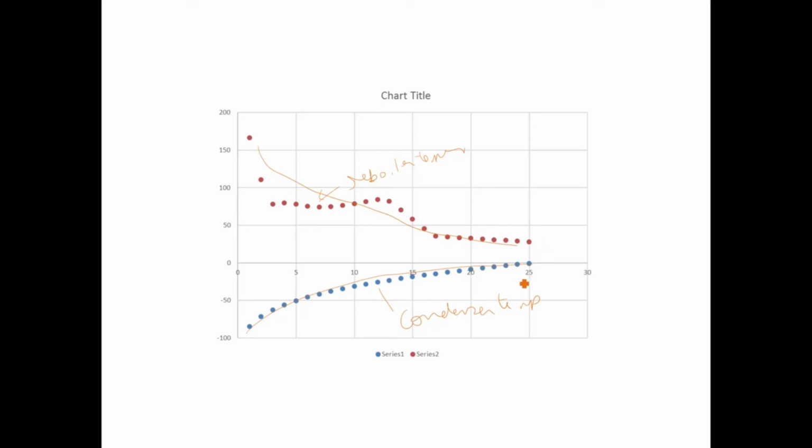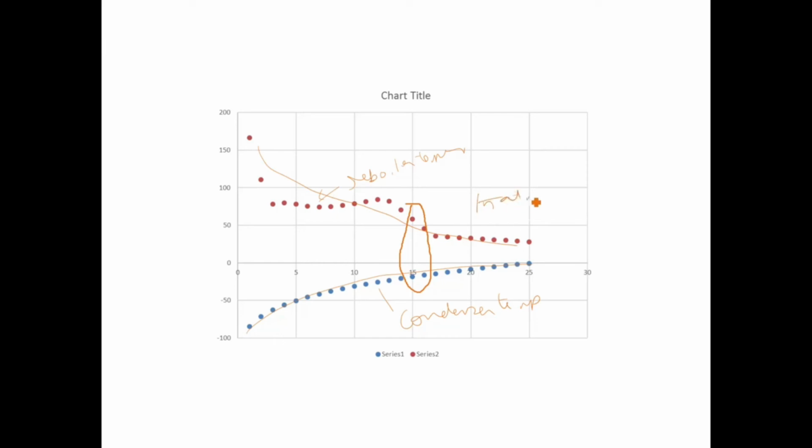Then naturally you decrease the load in both the condenser and also the reboiler. Okay, let's fix the pressure at around this value, say like 15 atmosphere.